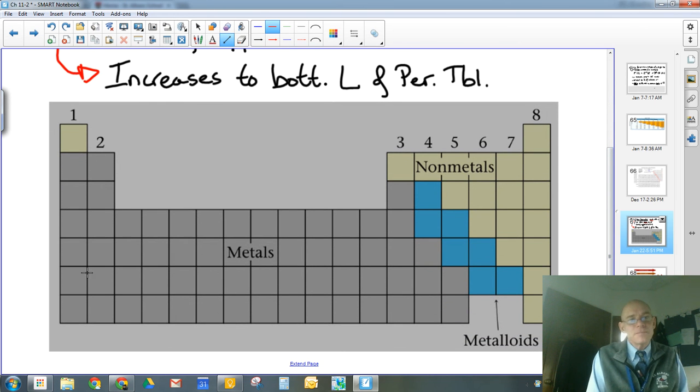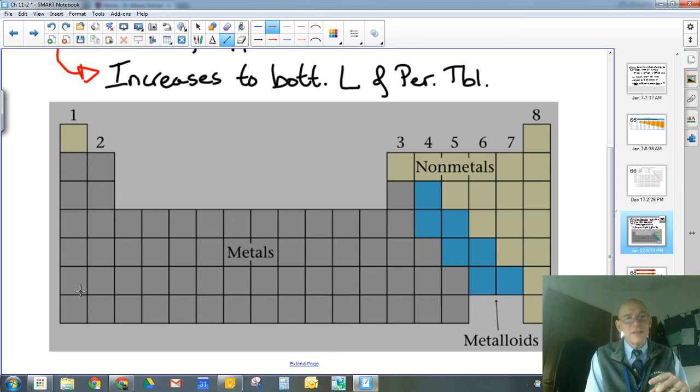Why is that? Remember, all of these elements in the alkali metals have one valence electron. And the atomic radius gets bigger and bigger as we go down the periodic table. So that one outer valence electron is further and further away from the positive nucleus. So the attraction to that nucleus is less and less.